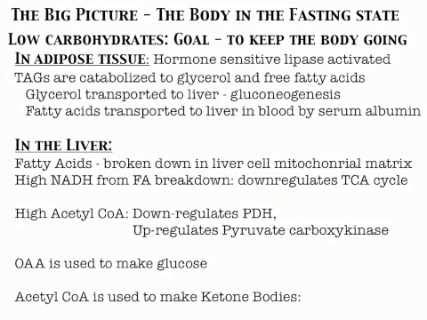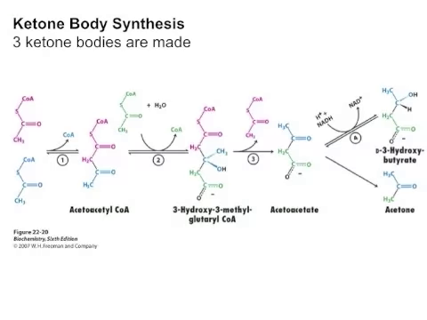Gluconeogenesis is upregulated, and acetyl-CoA is shunted from the TCA cycle to the production of ketone bodies in the mitochondrial matrix of the liver cells. Two acetyl-CoAs are condensed with the release of coenzyme A to make acetoacetyl-CoA.